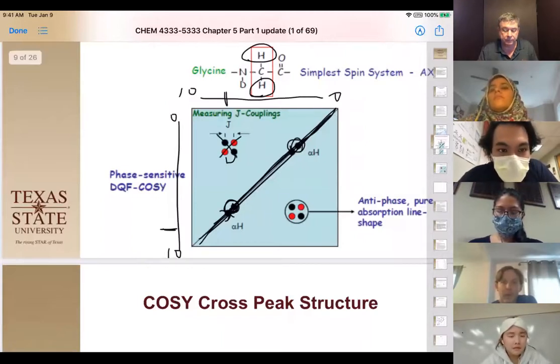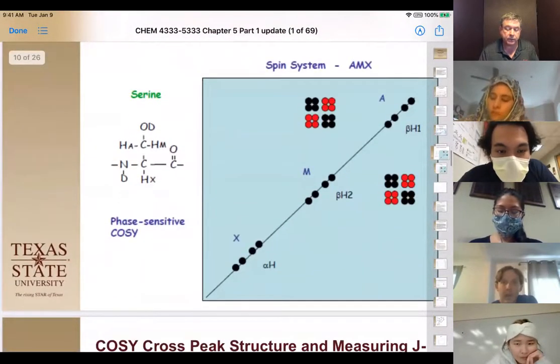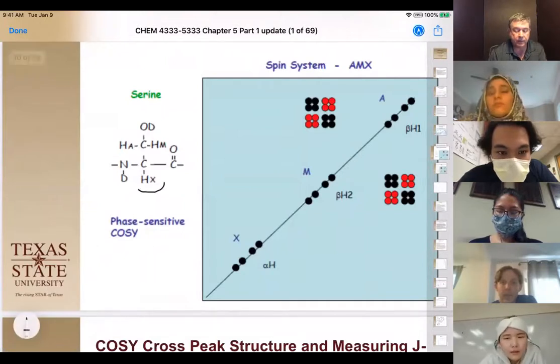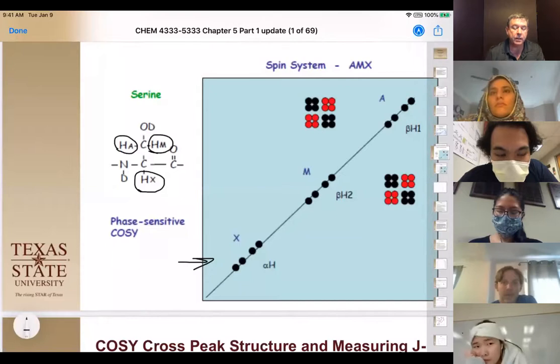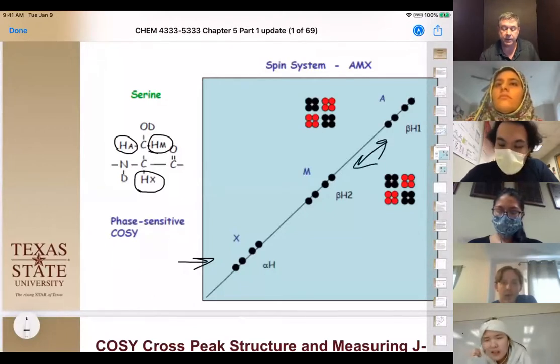Now, if we do a more complex structure like this, this hydrogen is unique and is labeled as our X hydrogen here. We have this hydrogen and this hydrogen that, because of their spatial interaction, are not identical, and therefore they have their own shift right here.